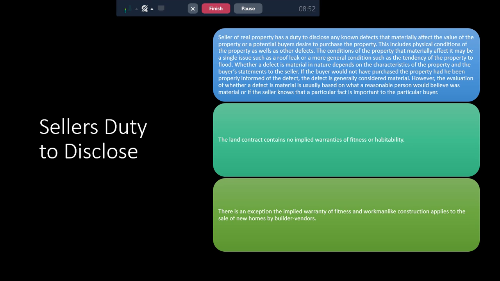Or we've had known things where sewage comes from other areas and it affects the area. But you must disclose anything that the buyer deems material.